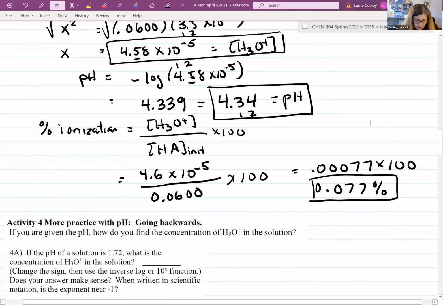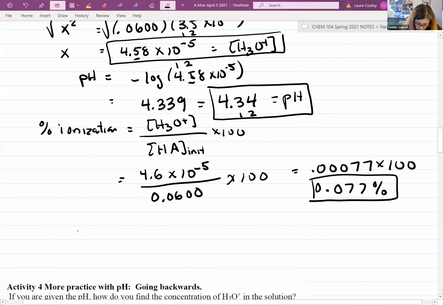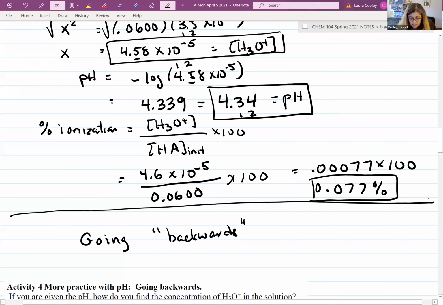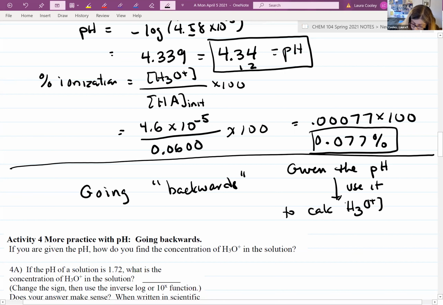All right, so this next thing I'd like to tell you about is what I like to call going backwards. Going backwards is when you're given the pH and you use it to calculate the H3O plus concentration.